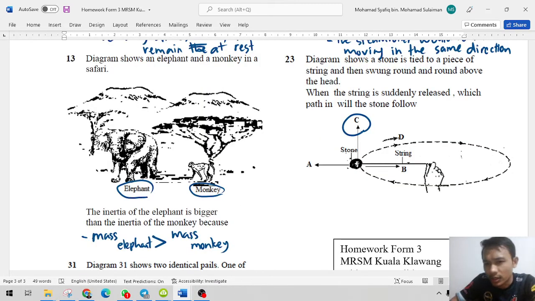So when the stone is over here, the direction is towards C, and when suddenly the string is released, the stone will keep moving that way. Let's say if the stone was here and we release the string, the stone will go that way. And the same for here, if the string is released, the stone will go that way, right?